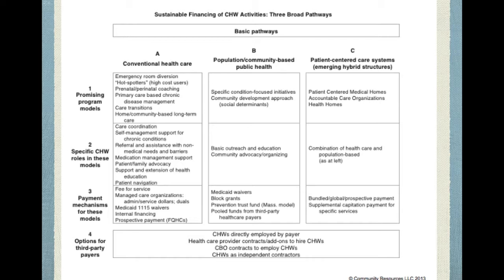We would like to draw particular attention to 2 items in row 3, column A, that is, payment mechanisms available in conventional health care. First, managed care organizations are showing increased interest in the potential benefits from employing or paying for community health workers. And second, what we are calling internal financing.